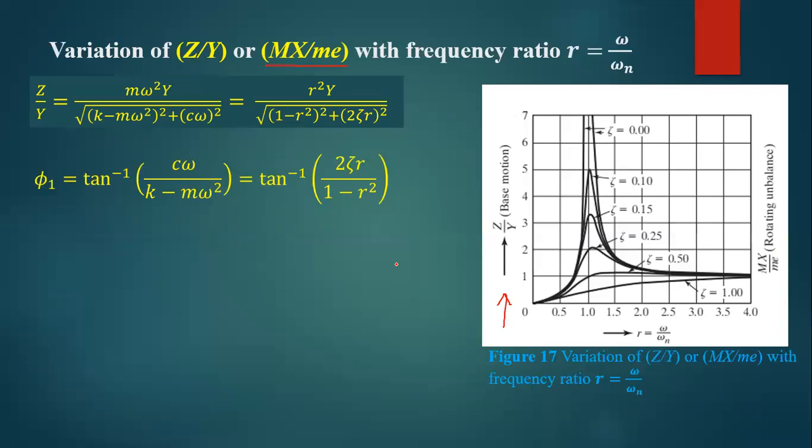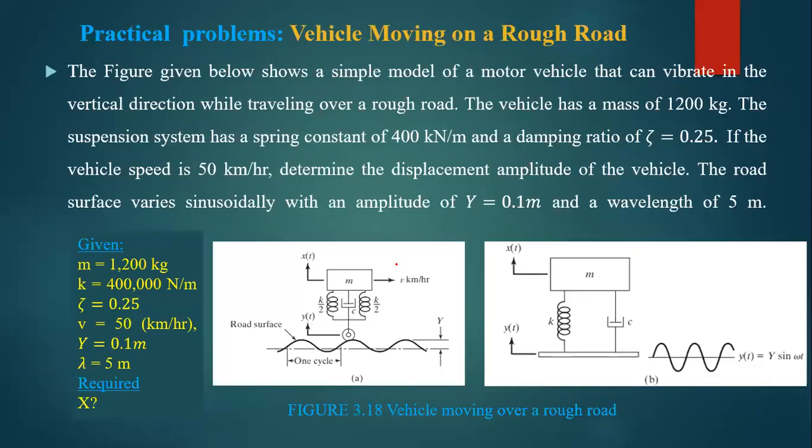Now, once we understand this, we can take some practical problems and solve them based on the above discussions. Let's see a vehicle moving on a rough road. That is the best example for the previous discussion.